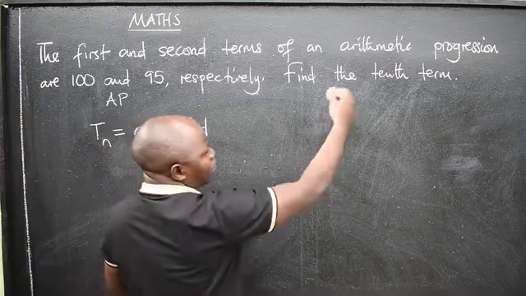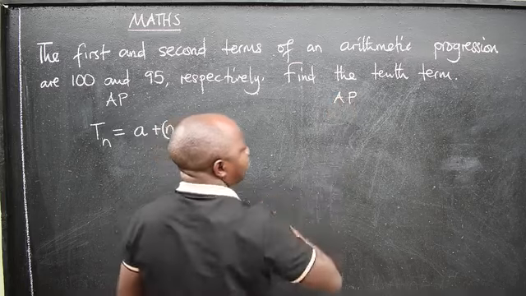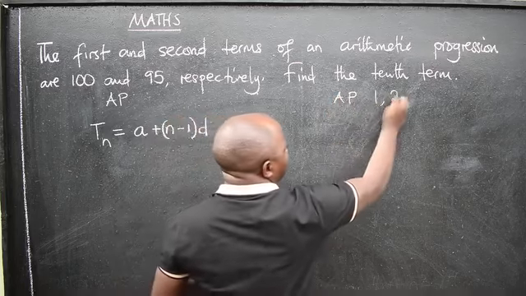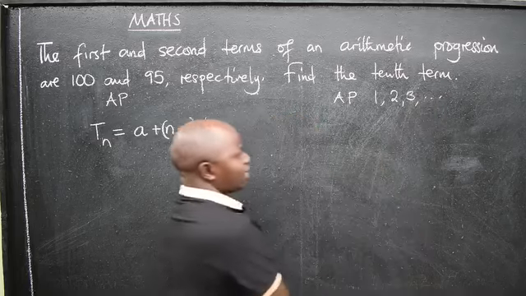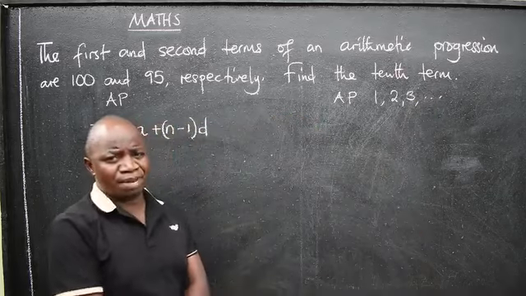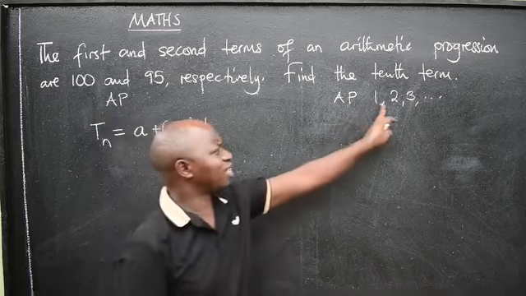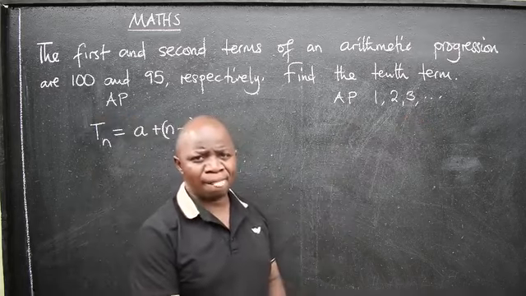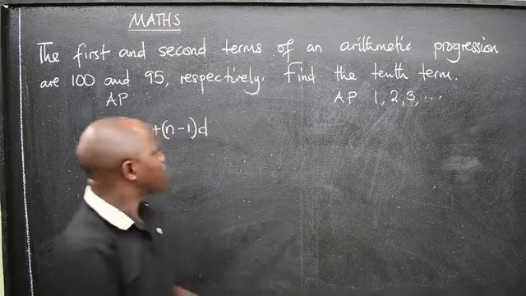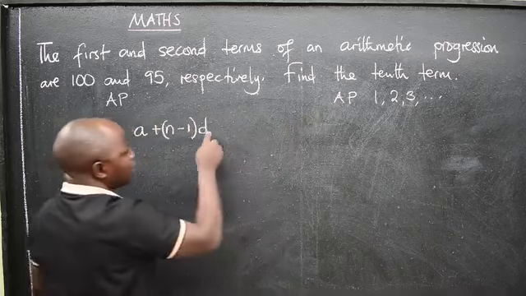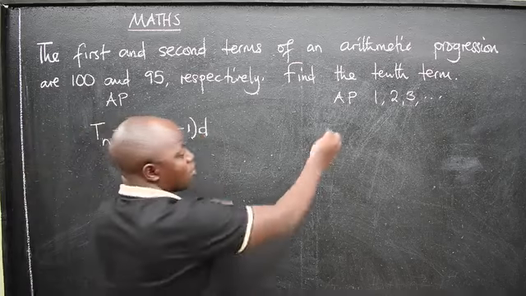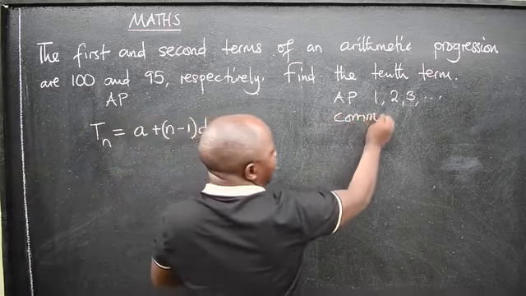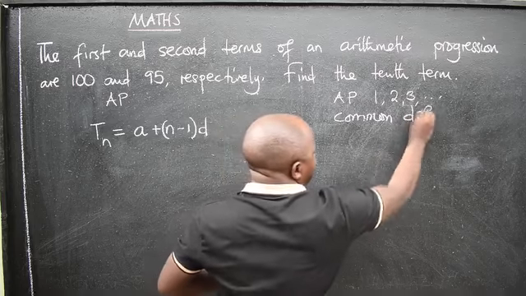Here is an example of an AP. Let's say 1, 2, 3, okay? Then it goes like that. That is an example of an AP. How do you know that this sequence is AP? We identify an AP using d, which is common difference.